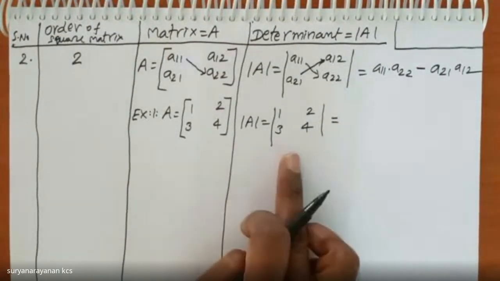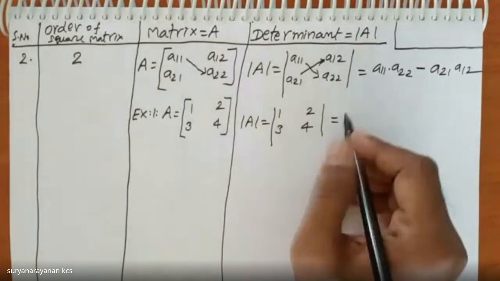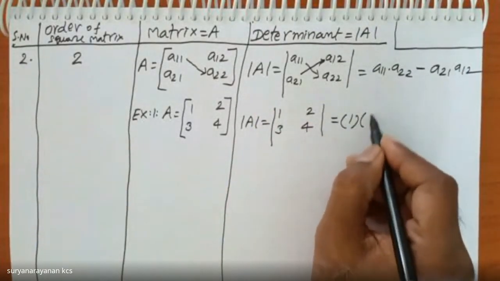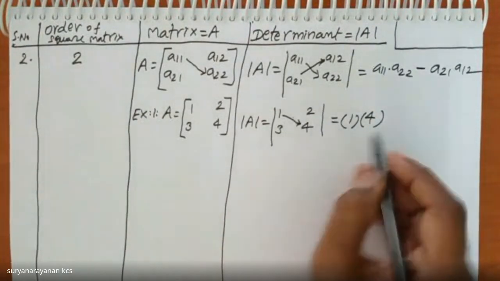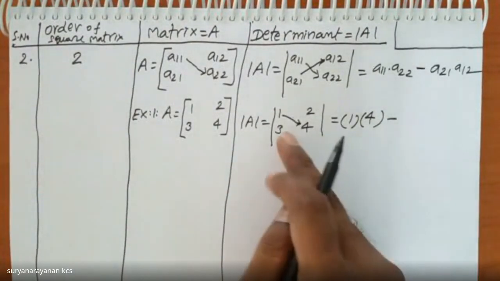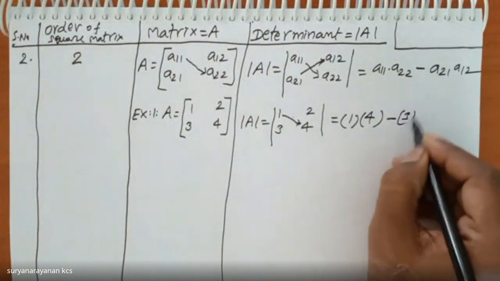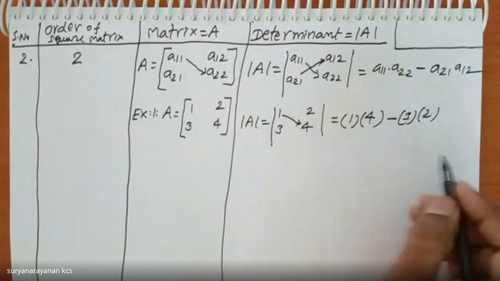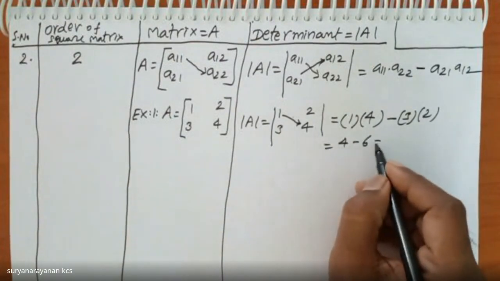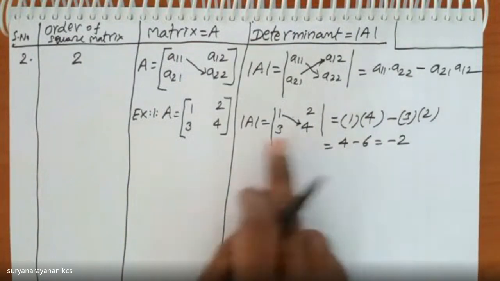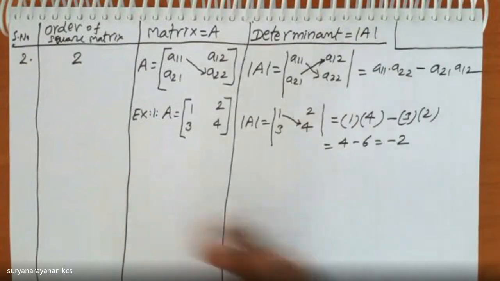How do you find the determinant? 1 into 4, this element into this element. Minus, keep the minus sign, this element into this element, 3 into 2. Then what will you get? 4 minus 6, that is equal to minus 2. So the determinant of this matrix is minus 2.